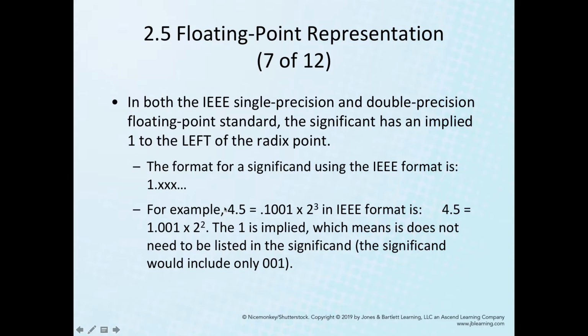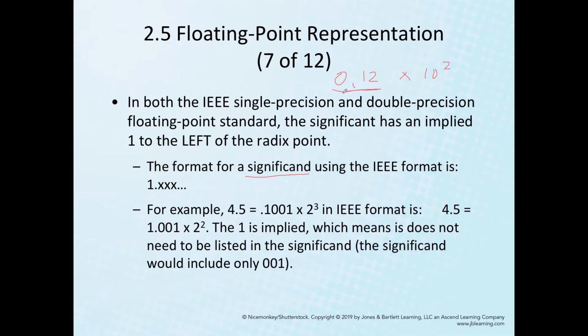So how is the IEEE single precision or double precision standard used? Here is one thing you need to remember. When you represent the significand, say something like 0.12, and then you have some exponent part there.